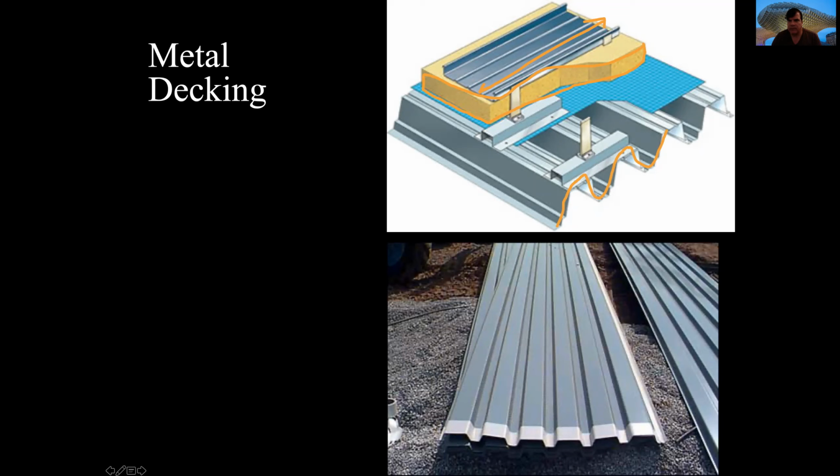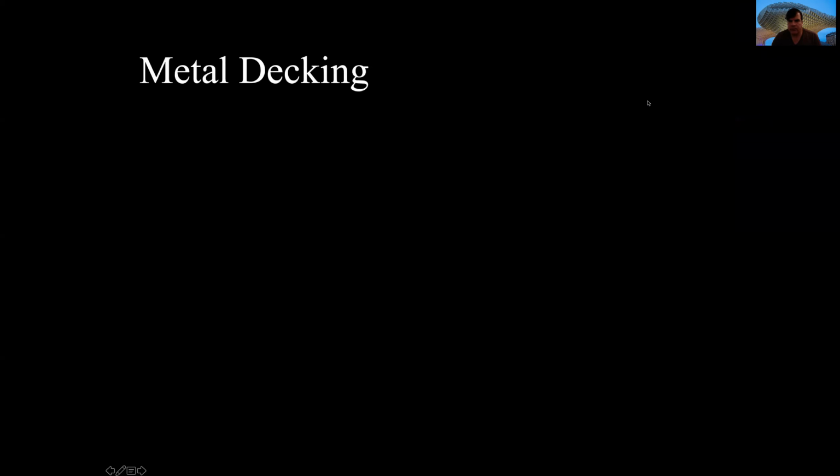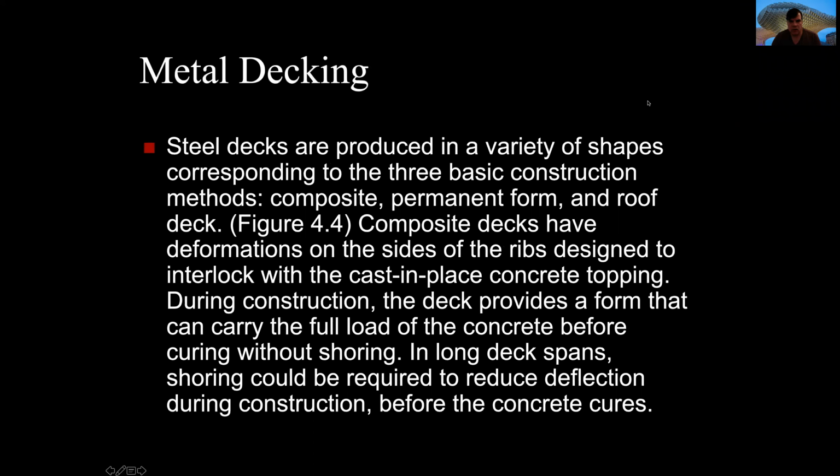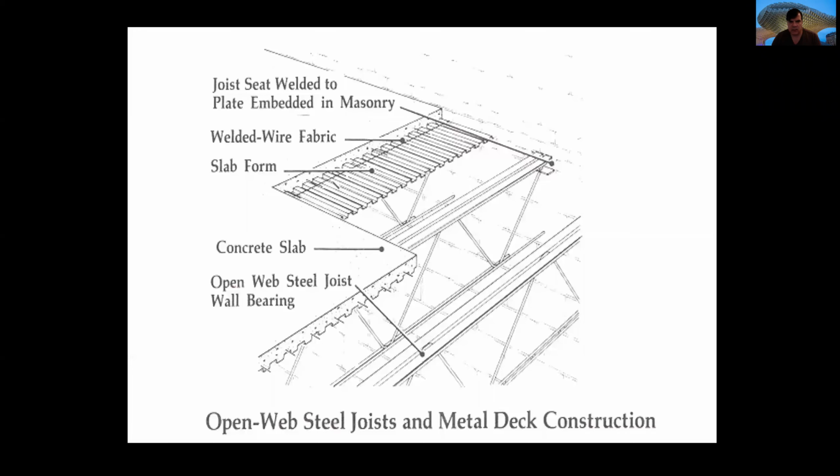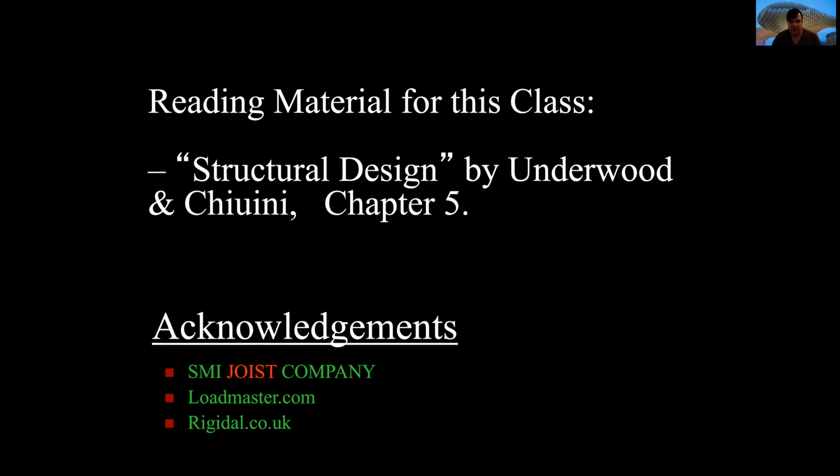That is a very simple system used in many warehouses where nobody will be walking on the roof. But composite decks can also be made with ribs and cast-in-place concrete, which we already studied, as you can see in this open web joist and metal deck construction.